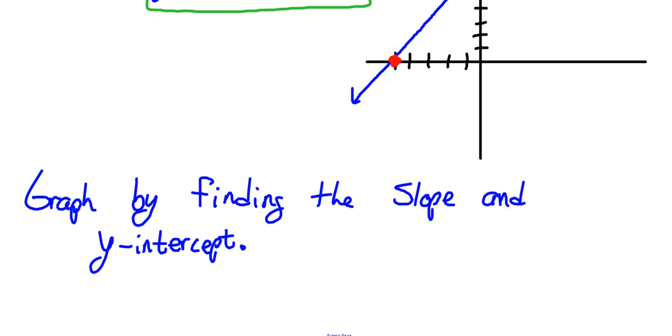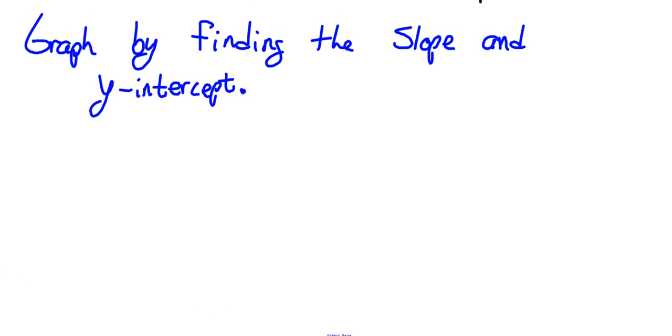And this one is not going to be in y equals mx plus b form. You've got something like this: 9x plus 3y is equal to 6.